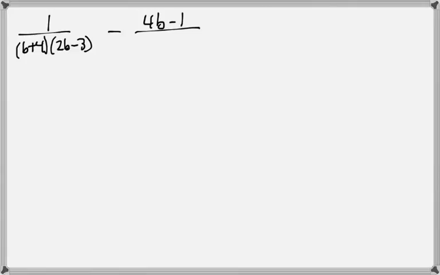So we still have our 1 over b plus 4, 2b minus 3, minus 4b minus 1 over b plus 4, 2b minus 3, and then minus, we have the 1 times the 2b minus 3.